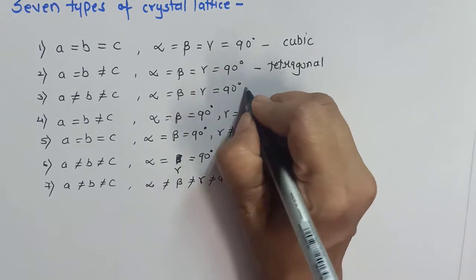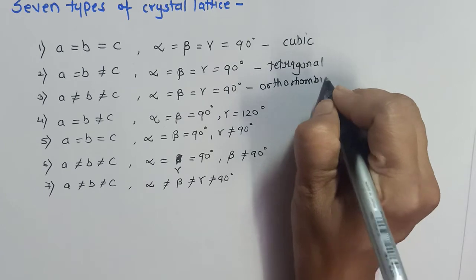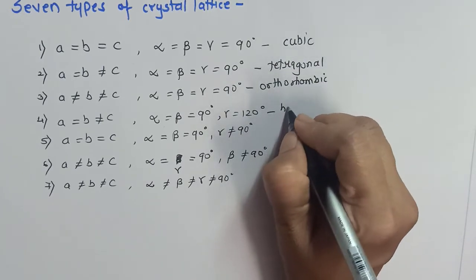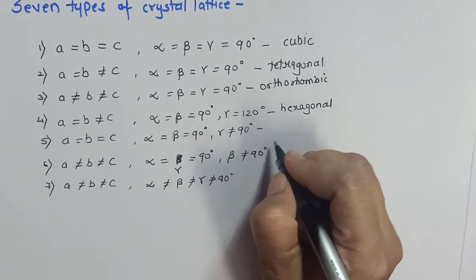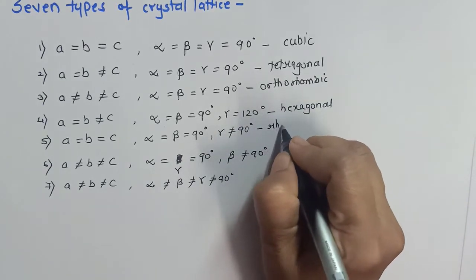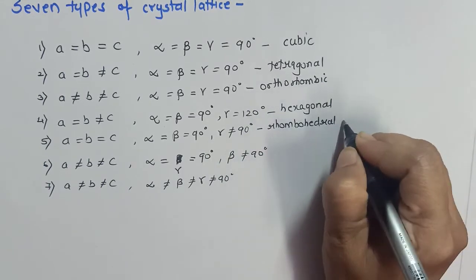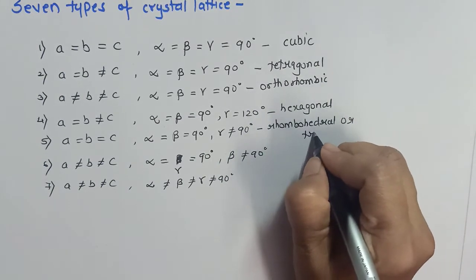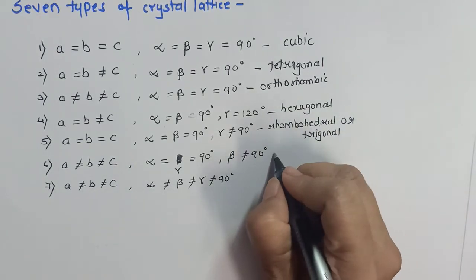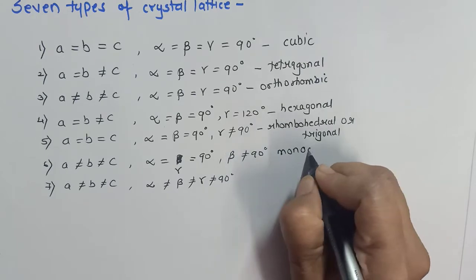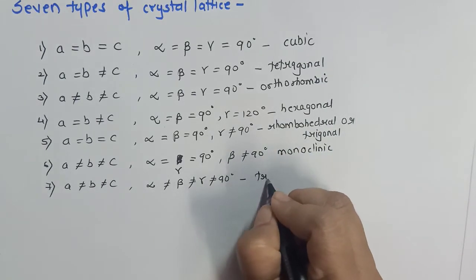Similarly, we have orthorhombic, hexagonal, the next is rhombohedral, which is also called trigonal, the next one is monoclinic, and the last is triclinic.